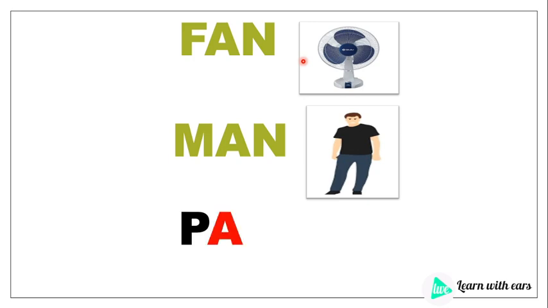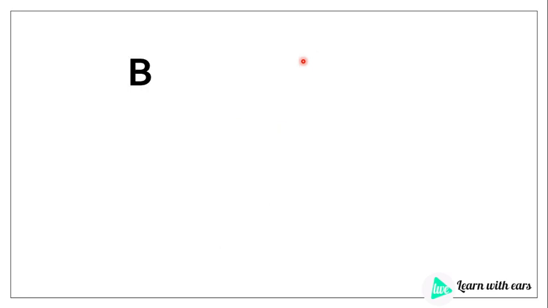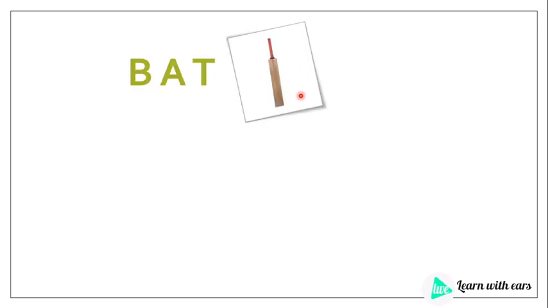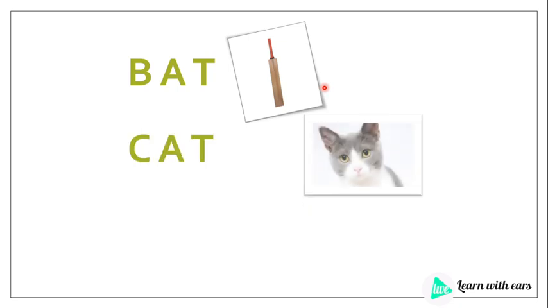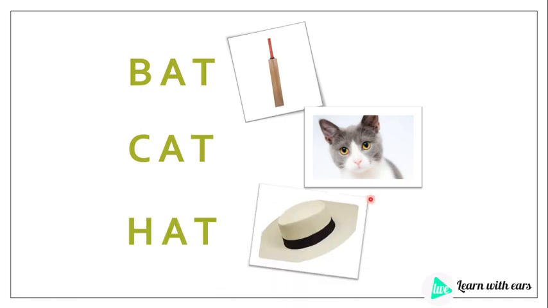P, A, N, pan. B, A, T, bat. It's a bat. K, A, T, cat. It's a cat. H, A, T, hat. It's a hat.